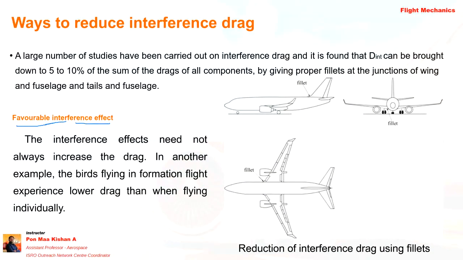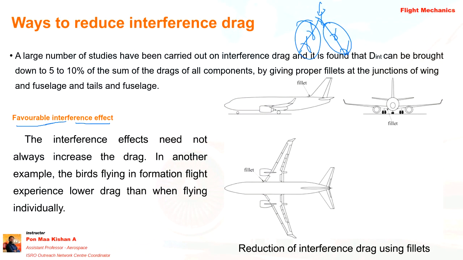Have you seen birds flying? The birds fly in a V-shaped format. I hope many of you have seen that. The first bird will face much drag, whereas the remaining birds following in the V-shaped pattern won't face that much drag.